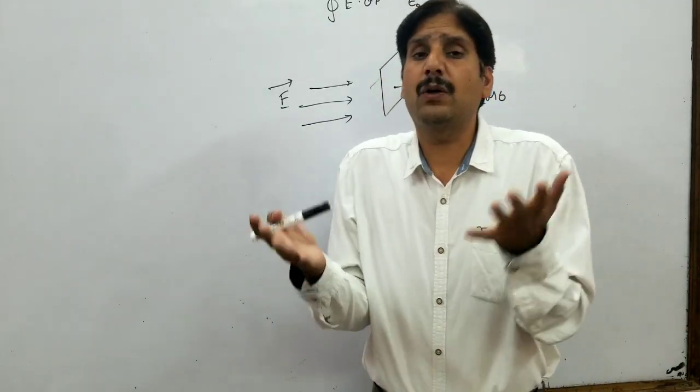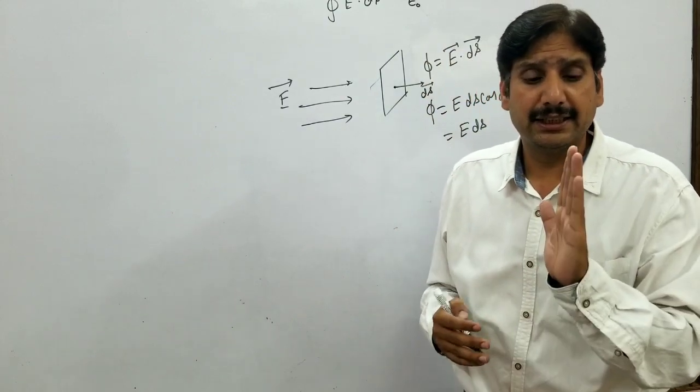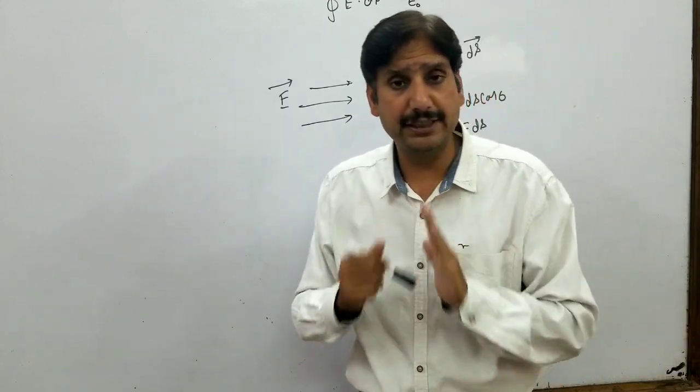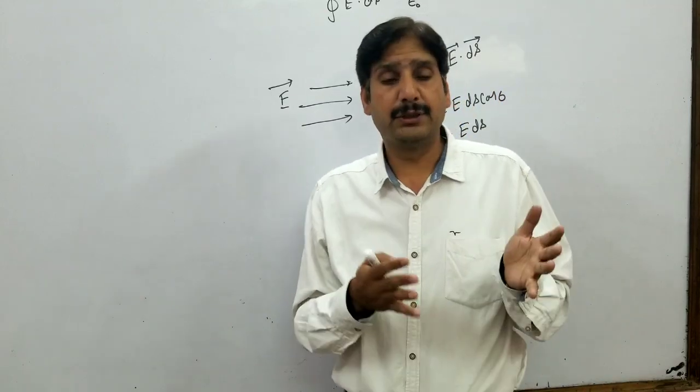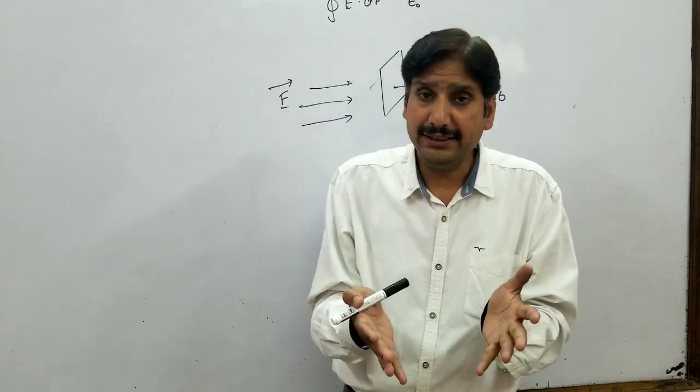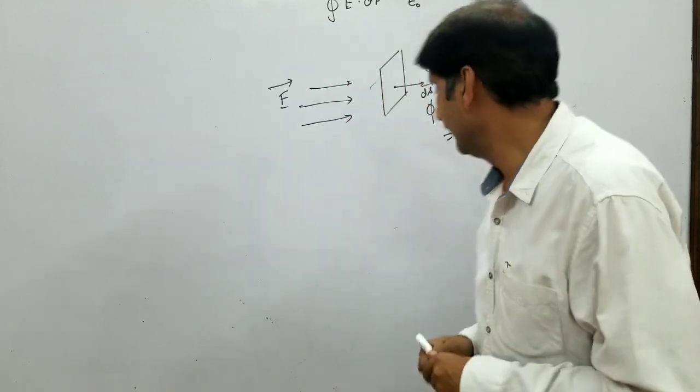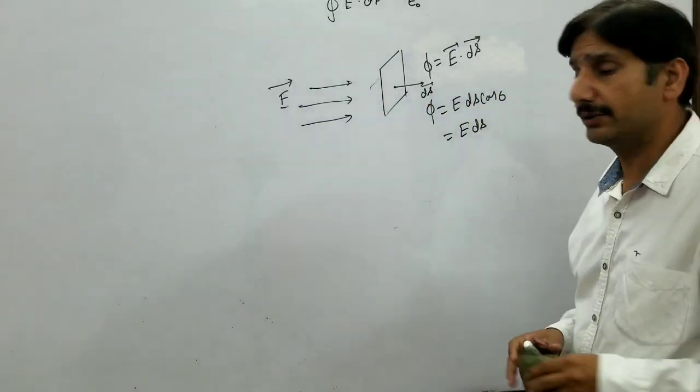However, it may not always be held perpendicular to the field lines. In that case, you need to find the angle between the electric field and the area vector. Only then can you find the electric flux.